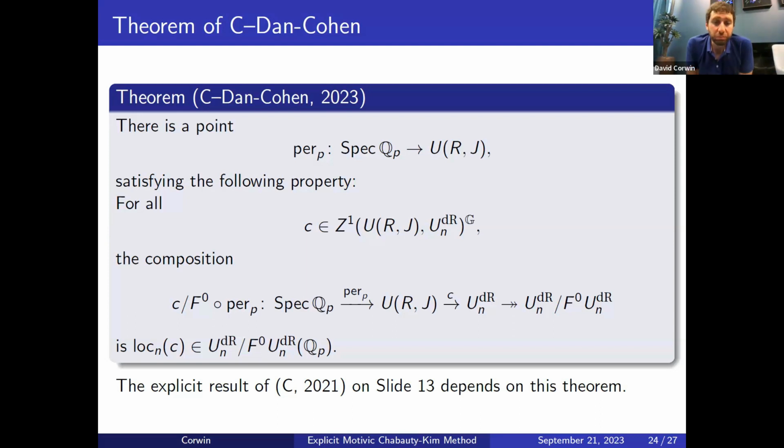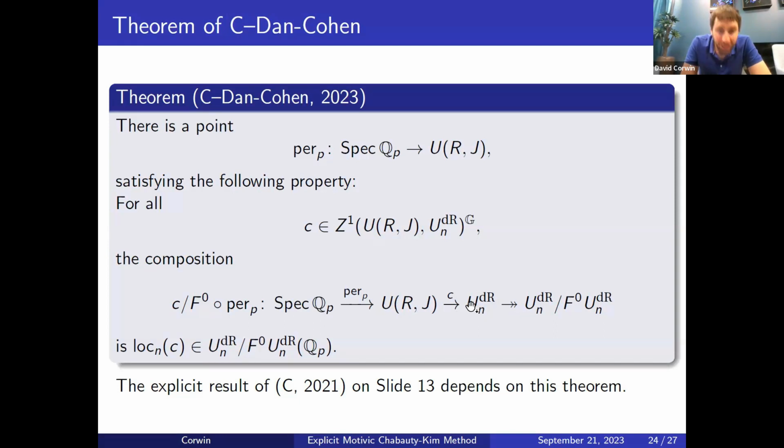For any G-equivariant cocycle, consider the composition. We have a map of schemes from Spec Q_p to URJ. The cocycle itself is a map of schemes from URJ to UN_dR.